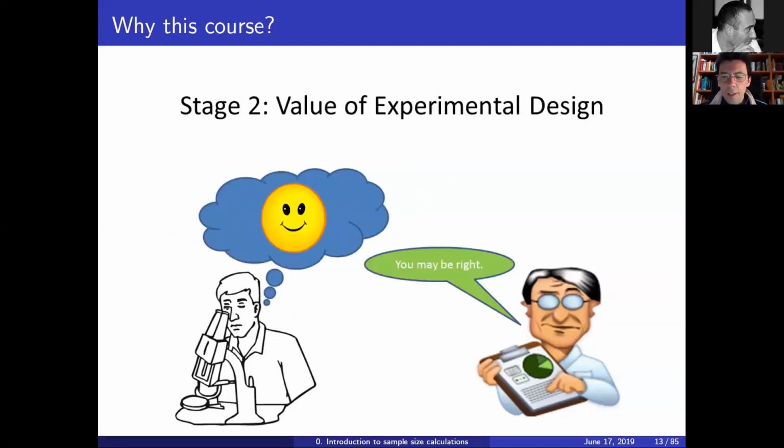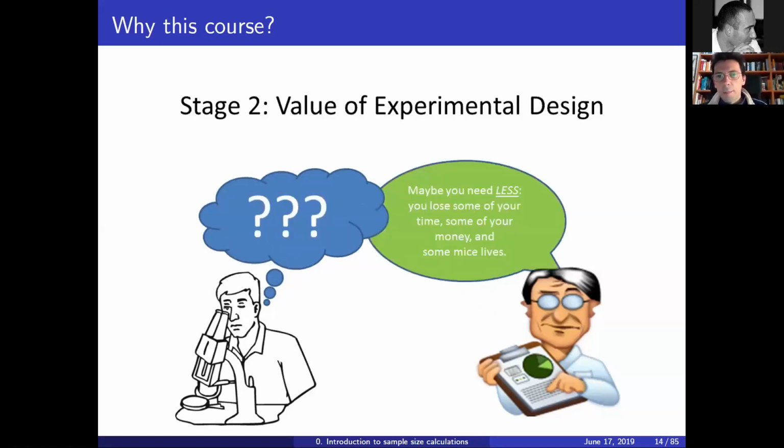And then the statistician would reply, okay, you may be right, maybe you need 3,000 animals, but maybe you need less, and then you are losing some of your time and some of your money, the funding that you have for your experiments in one experiment, that you could use for some other experiments.